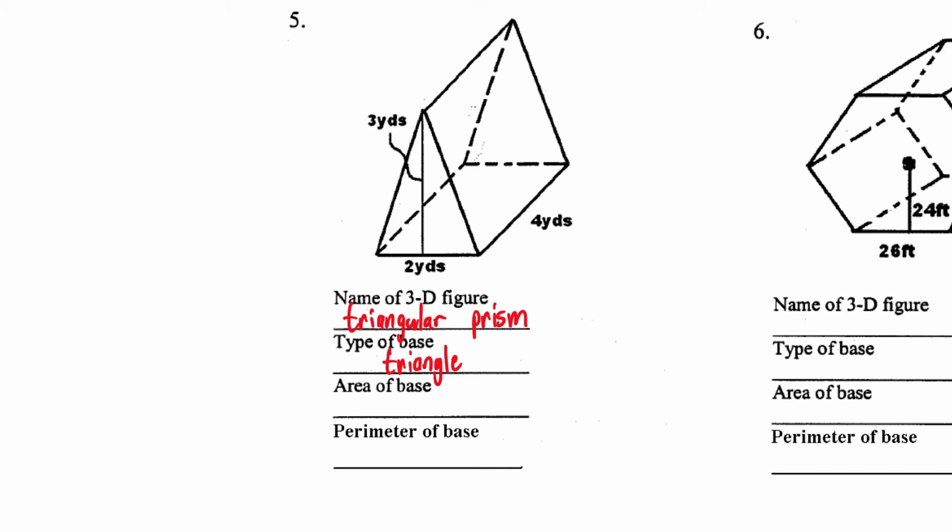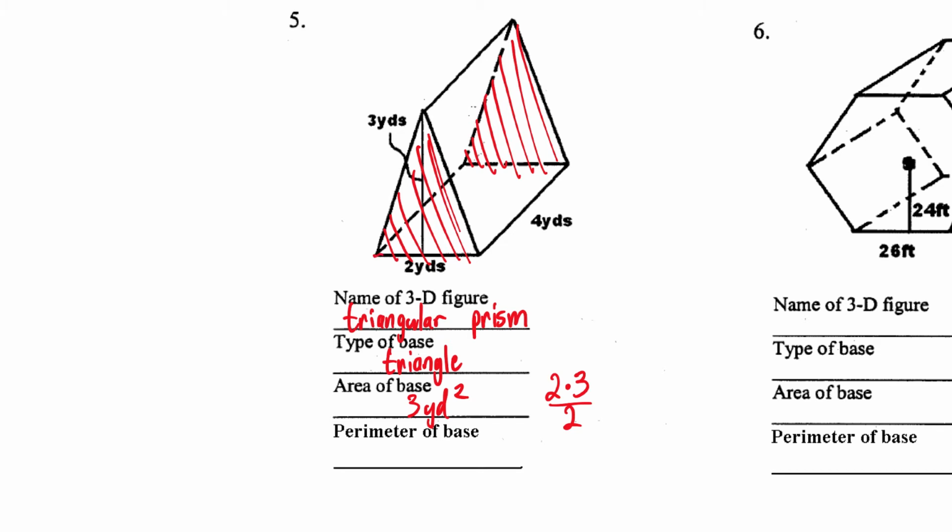So how are we going to find the area of that base? Good. 2 times 3. Oh yeah, let's shade in the bases, sorry. So what's the area of the base? 3 square yards.